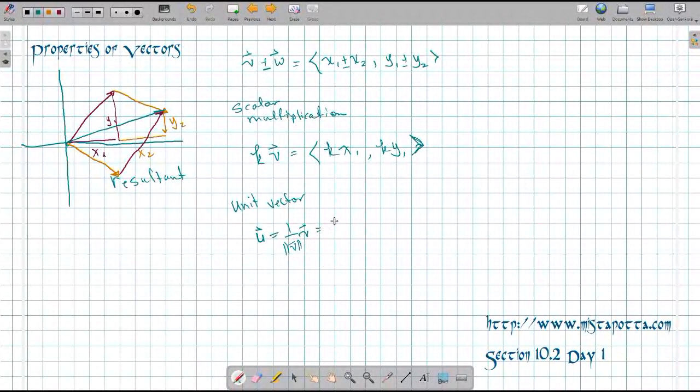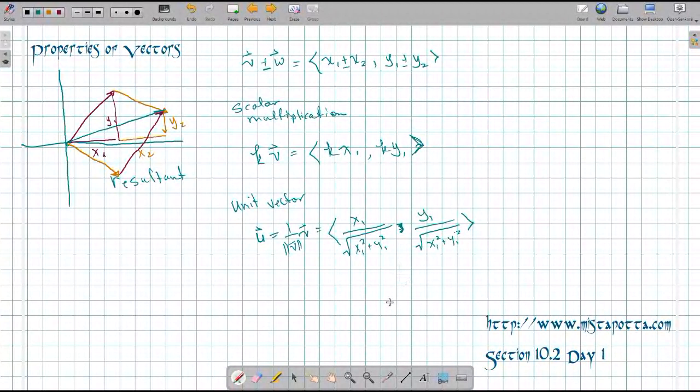In other words, I take this horizontal component and divide by the square root of x squared plus y squared, and then take the vertical component and divide it by the square root of x1 squared plus y1 squared.